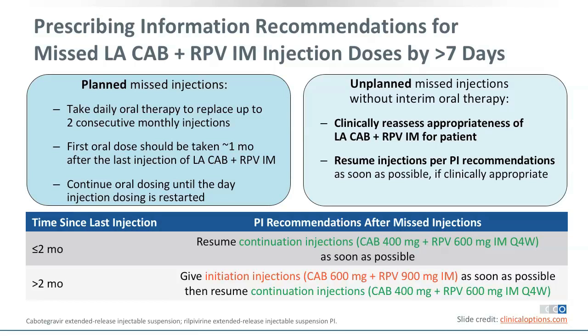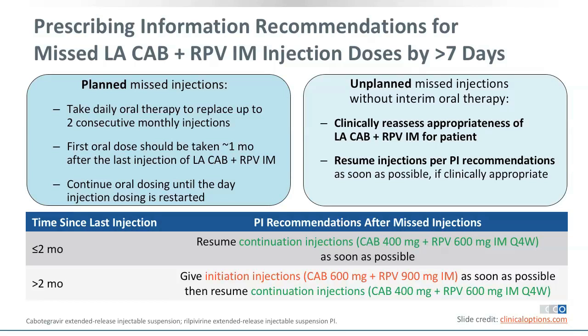Now, the strategy for resumption depends a little bit on how much time has actually elapsed from the prior injection. When it's been less than 2 months from the prior injection, you can resume at the continuation or maintenance phase dosing schedule of cabotegravir 400 milligrams and rilpivirine 600 milligrams.